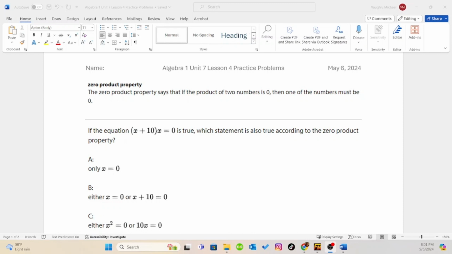So this means that if I multiply numbers together and I get 0 for an answer, then one of those numbers that I'm multiplying together must be 0, because that's the only way to get 0 as an answer when we multiply.